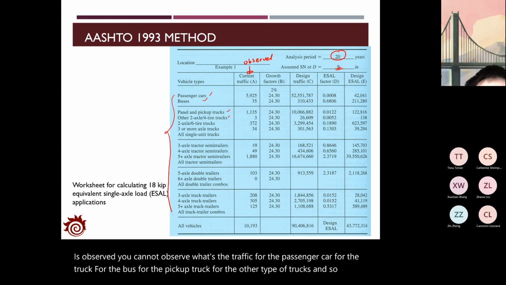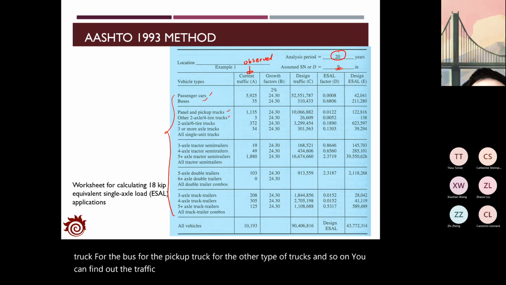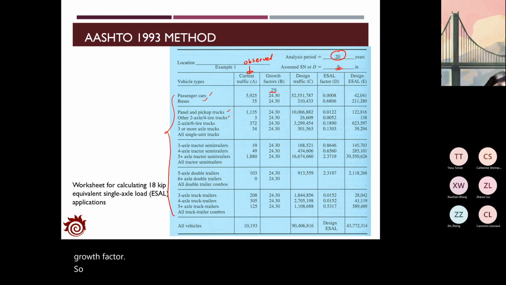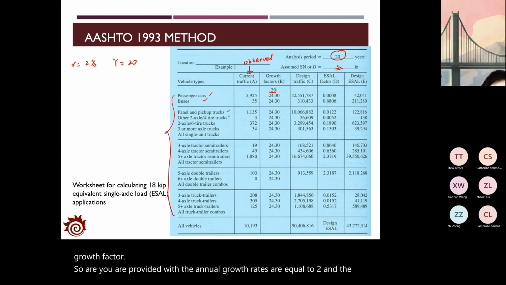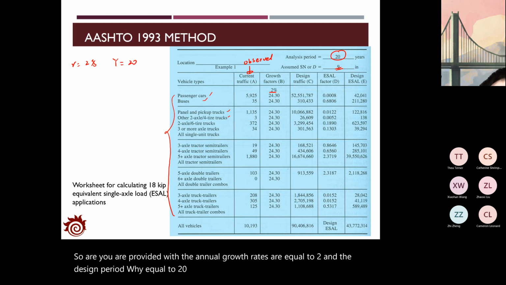You can find out the traffic for different volumes, and then you can calculate the growth factor. So you are provided with the annual growth rate R equal to 2%, and you know the design period Y equal to 20 years.